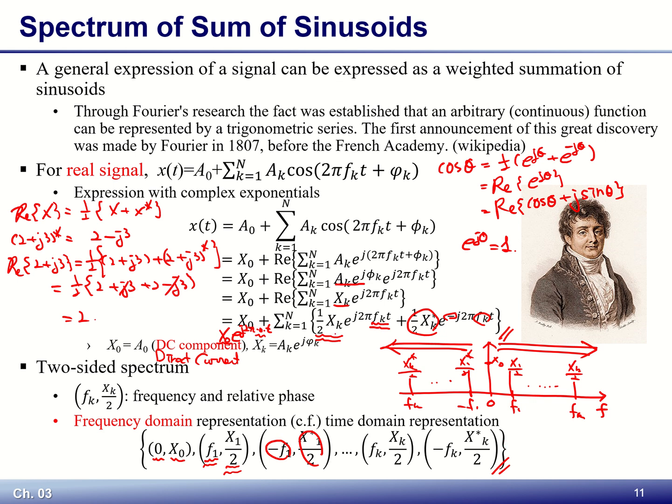In contrast, x(t) like this is called time domain representation because here's t. But in the spectrum, we cannot find any t as a parameter.